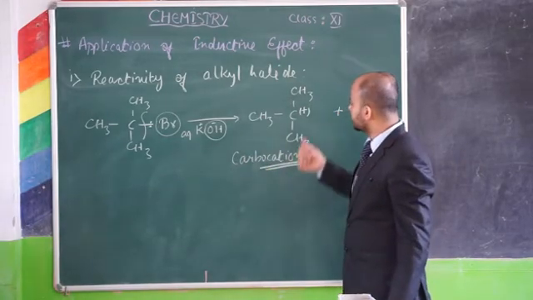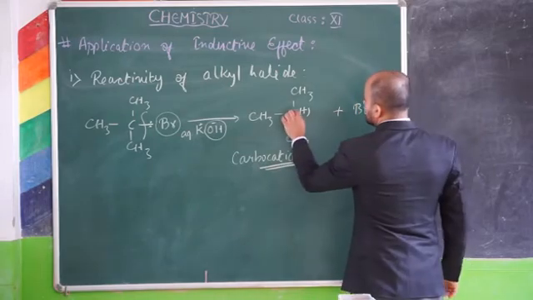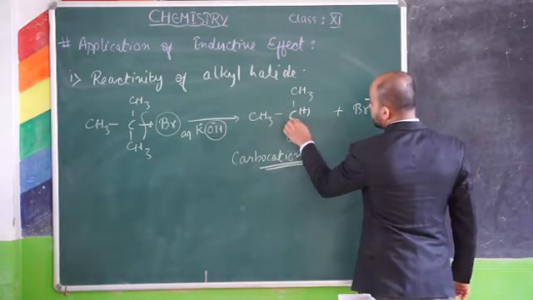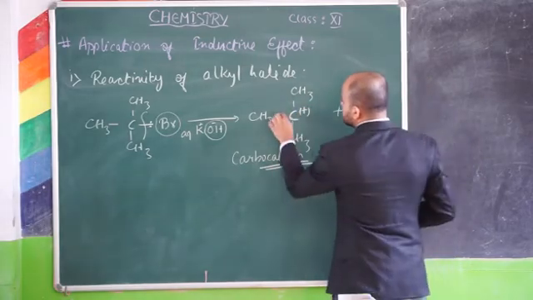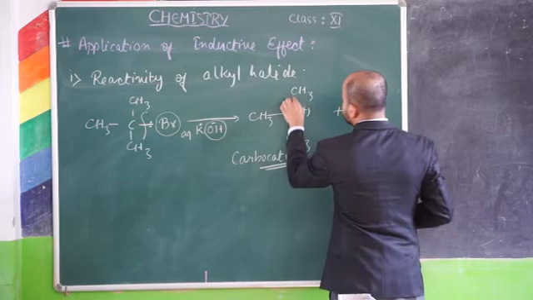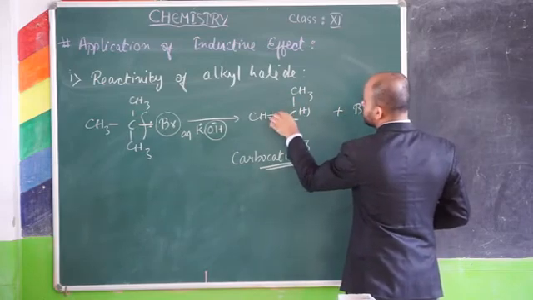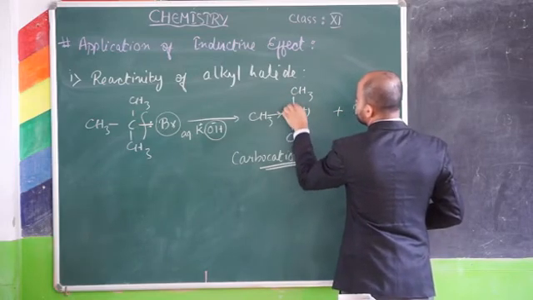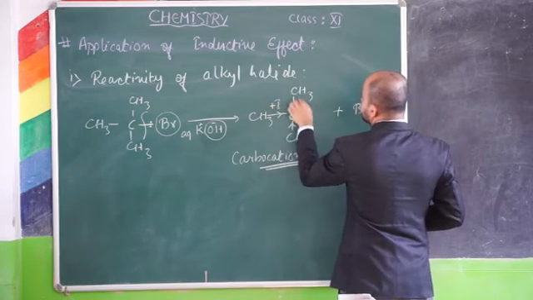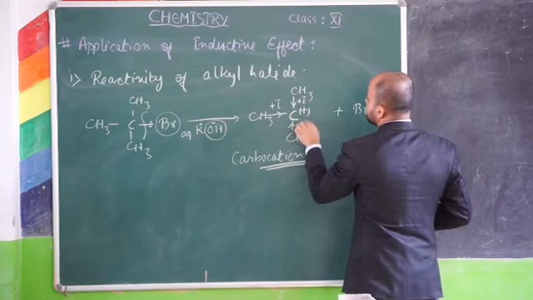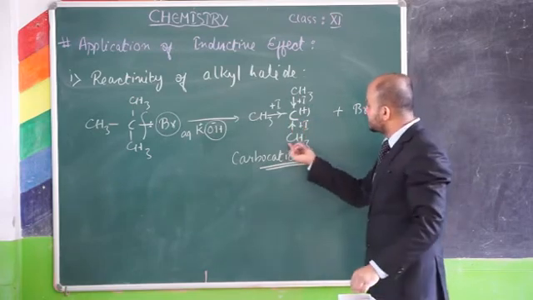Now in this case, you can see that the central carbon is having positive charge. Here you can see that you have CH3 groups, three CH3 groups. Now these three CH3 groups will be showing plus I effect. And what is plus I effect?